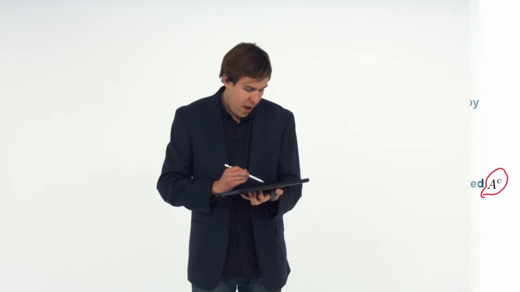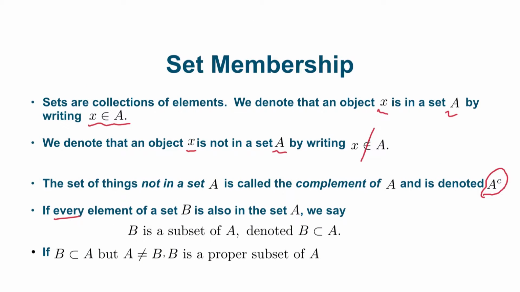Sets have an interesting notion of containment. If I have two different sets, it's possible that everything in the one set is also contained in the other set. This gets a special name. This is called being a subset. So the definition is here. If every element of a set B is also in the set A, we say that B is a subset of A, denoted B contained in A. This is somewhat different than the notion that X is an element of a set.